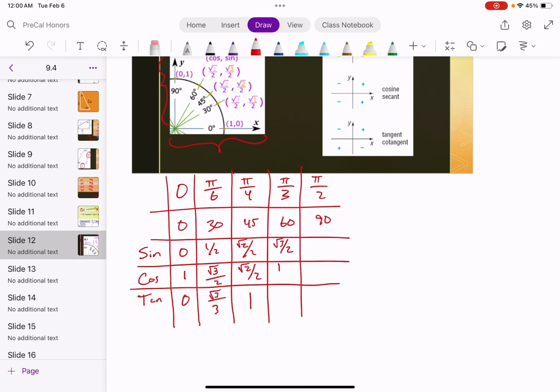Sorry, not square root, just 1/2. And the square root of 3 would be that final answer. For our 90, this is going to be 0 and 1, and undefined. This does give a little bit of help and a better understanding to exactly what our unit circle looks like, how do we fill it in, and kind of goes from there.